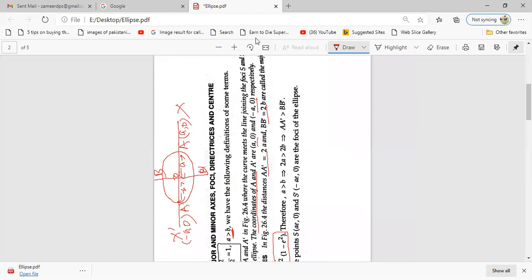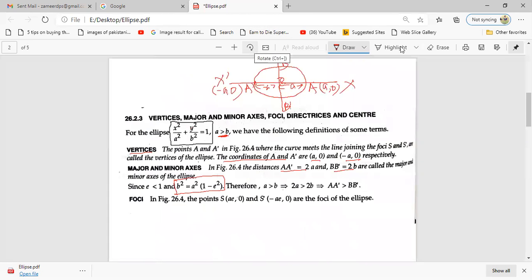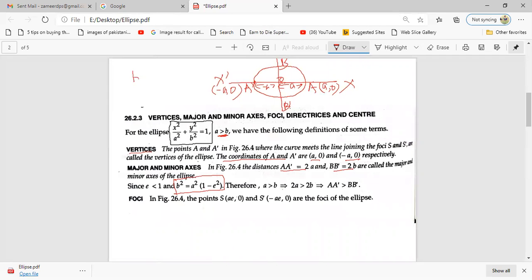So this relation, you have to remember it for this ellipse. We are talking about the horizontal ellipse, and then another will come, the vertical ellipse. So all the things will change. So b square is equal to a square into 1 minus e square.